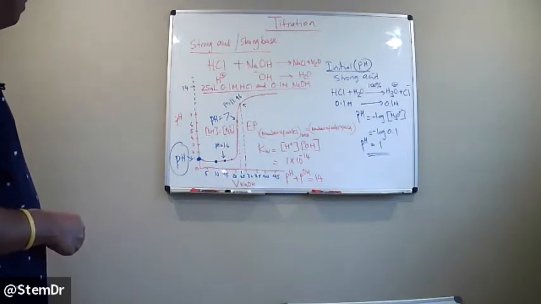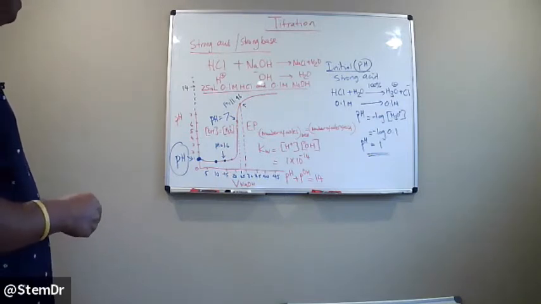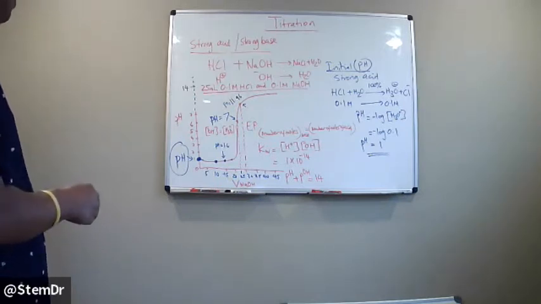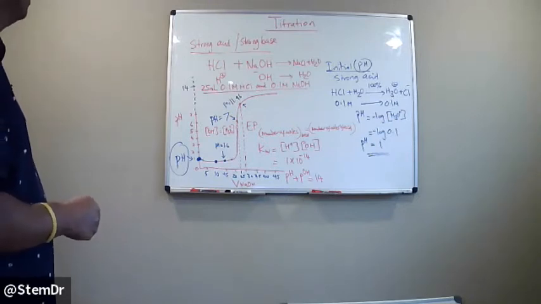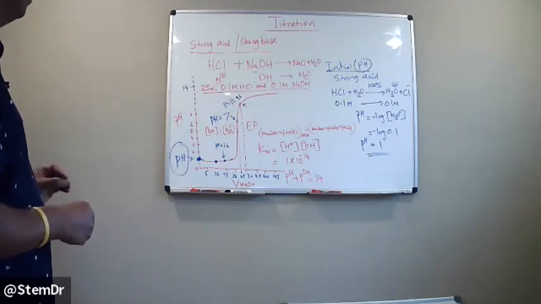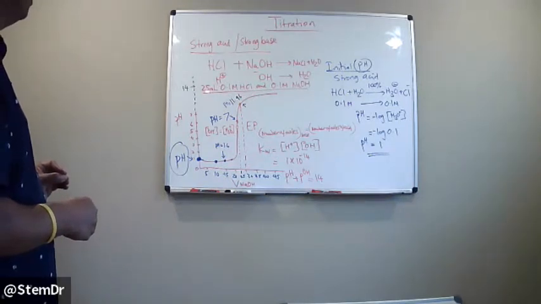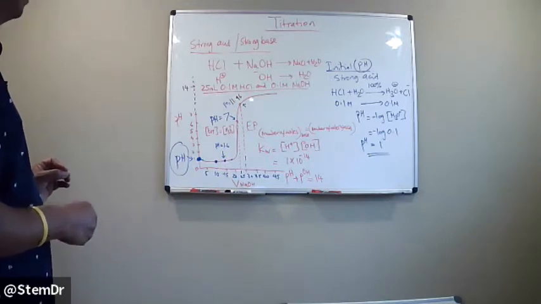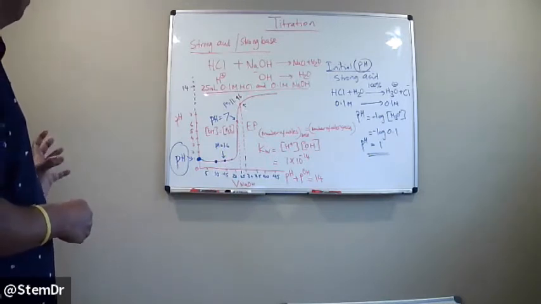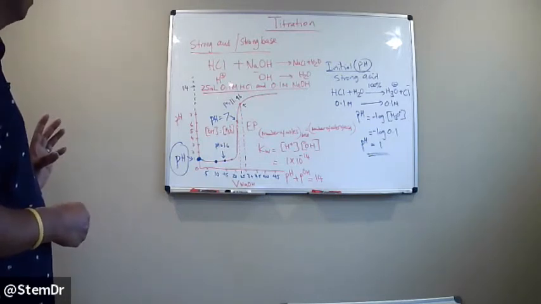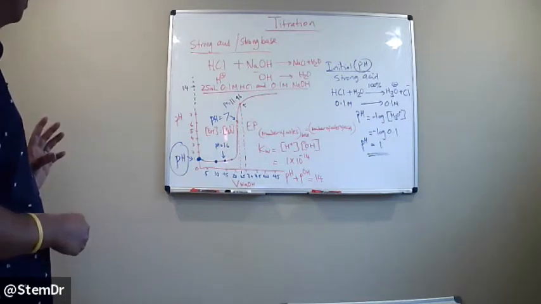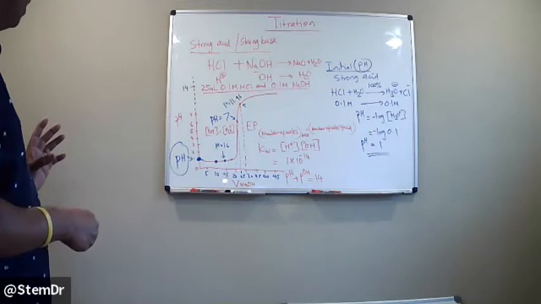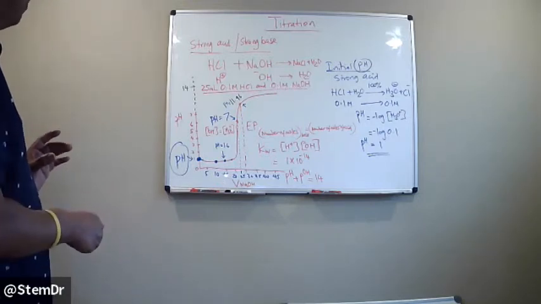So if you have 1.5 millimole of sodium hydroxide added, that means you have neutralized 1.5 millimole of the hydrochloric acid. The remaining in solution would be from 2.5 millimole. If you subtract 1.5 millimole, you are left with 1 millimole. So 1 millimole of hydronium ion or hydrochloric acid is left because you have added 15 ml times 0.1, that's 1.5 millimole.